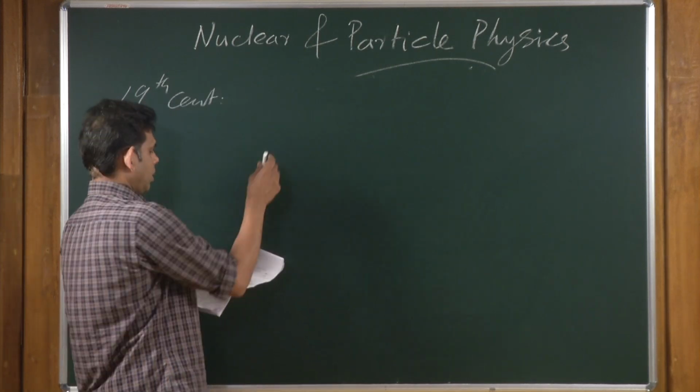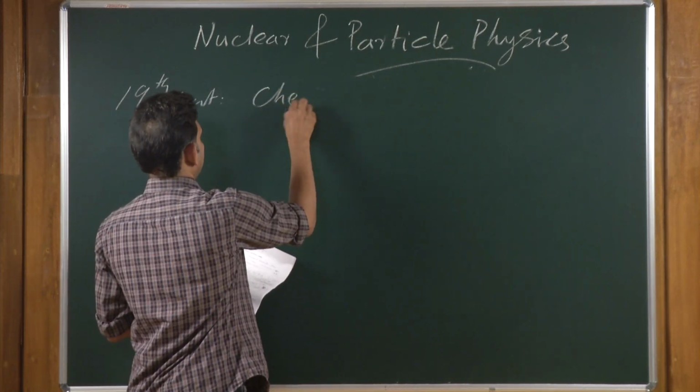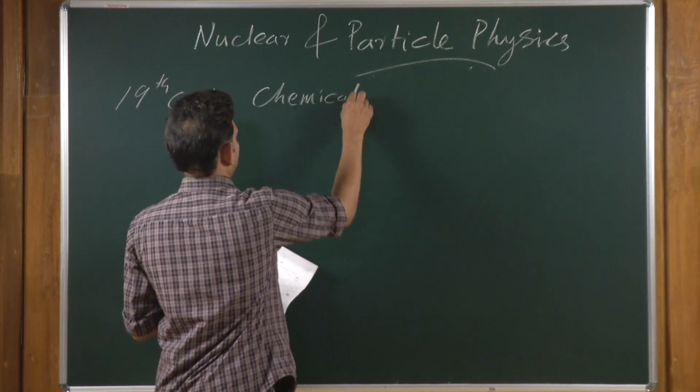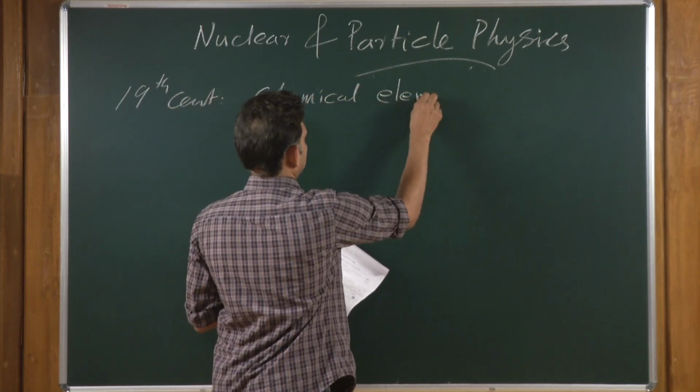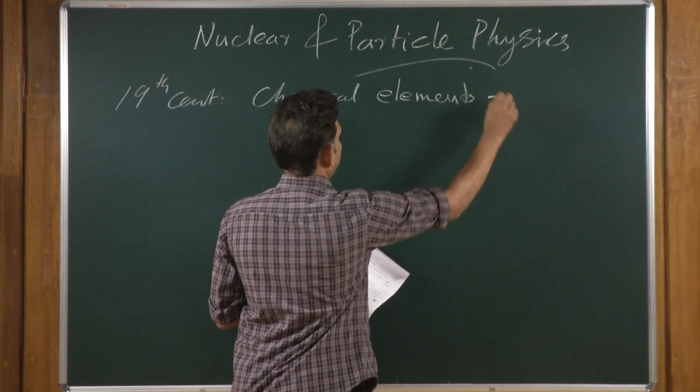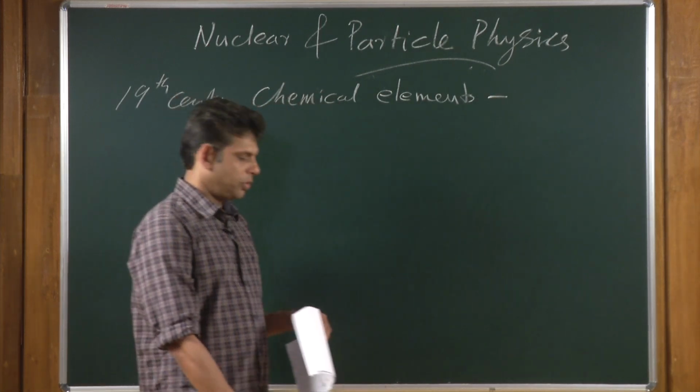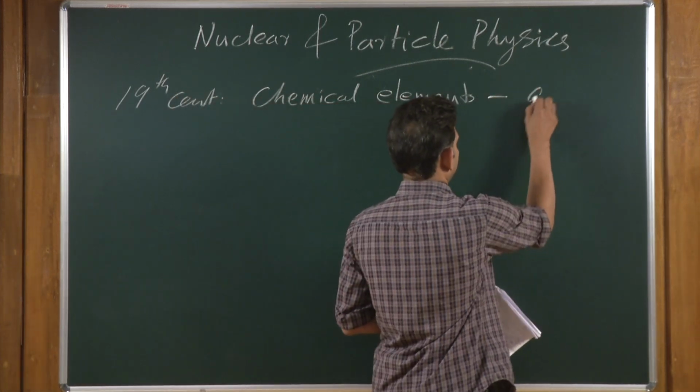So, we have the understanding of chemical elements, and the smallest unit of that is called atom.